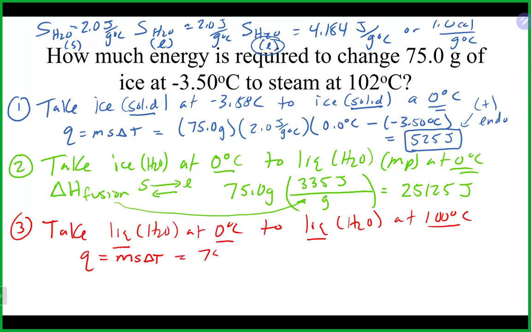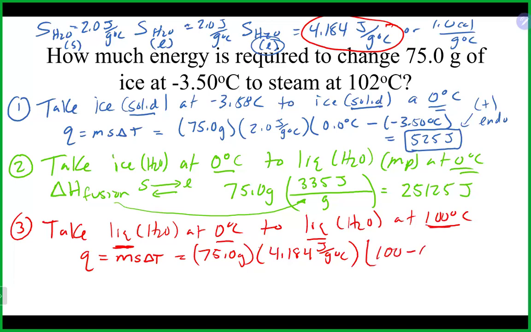We still have our 75 grams of water. We haven't dropped it. At this point, though, we are at liquid water, which means we will go to our normal specific heat capacity for liquid water, which is 4.184 joules per gram per degree Celsius. Once again, final temperature, which is 100 degrees, minus our initial temperature, which is 0 degrees.